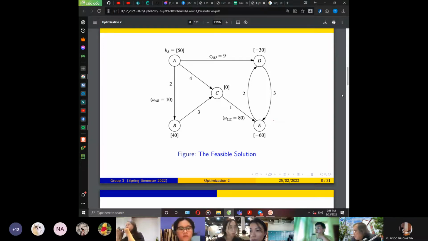Upper bound is the maximum capacity that the arc can move from a node, for example, node AB. So it's the maximum capacity where node A can move to node B. Why don't they call it the right bound or the left bound or lower bound or something, but it is the upper bound? Why?